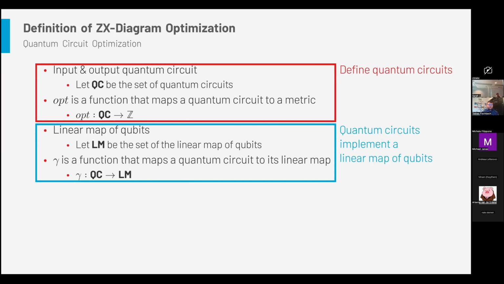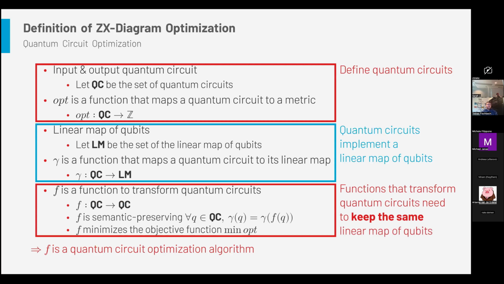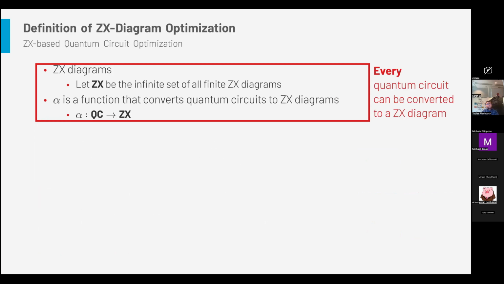And we say a function preserves semantics if they implement the same linear map of qubits. And an optimization function f in the end is a function that on the one hand minimizes a quantum circuit metric, but also preserves its semantics. Also, we need to have a function that converts our quantum circuit to a ZX diagram.